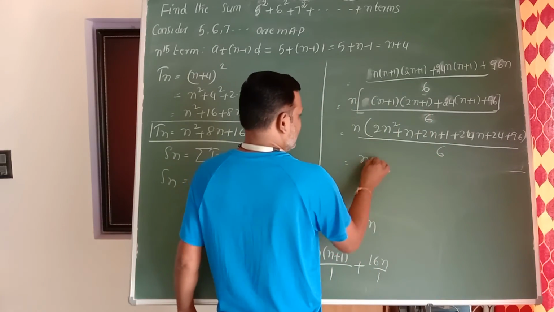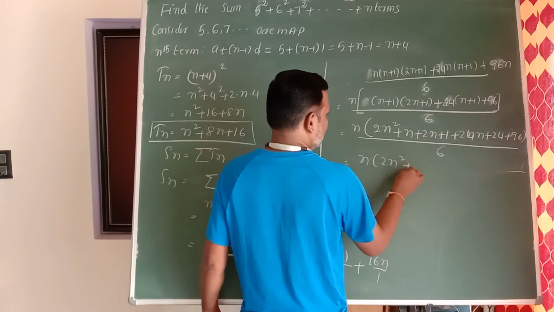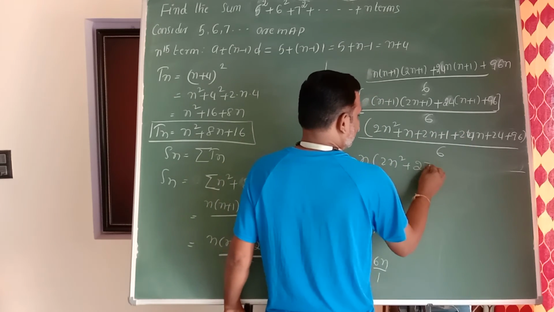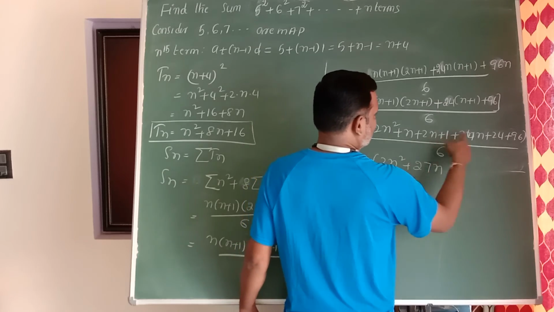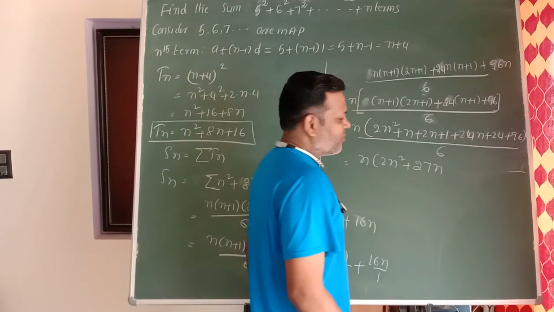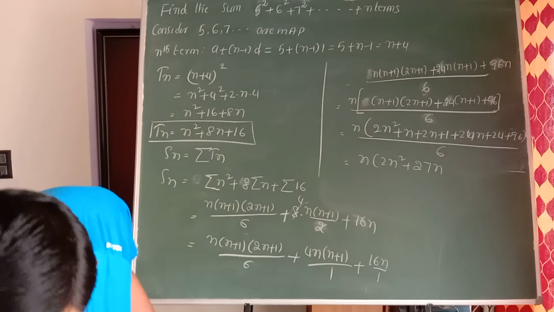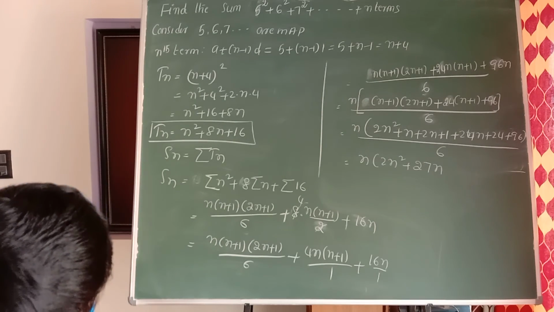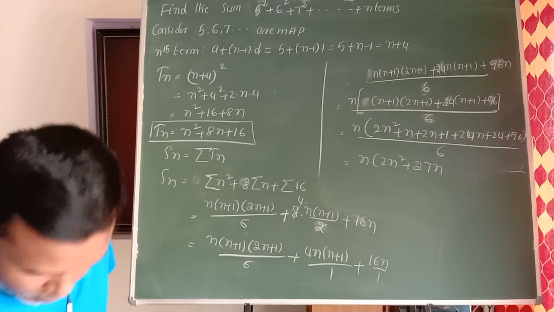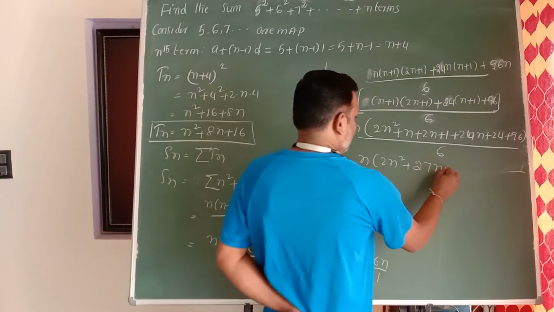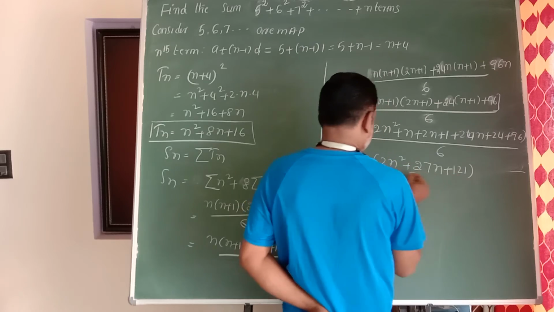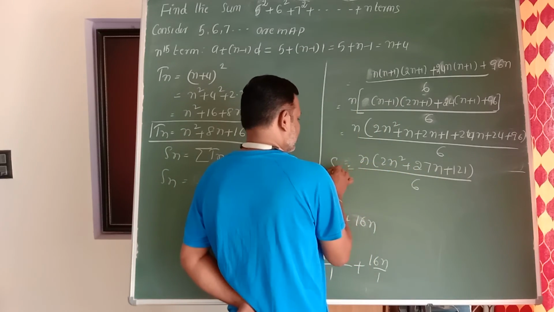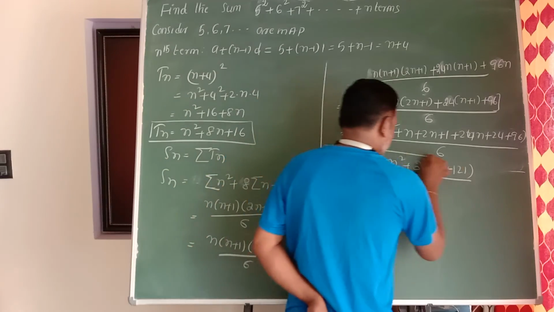Now simplify: n plus 2n is 3n, 3n plus 24n is 27n, 1 plus 24 is 25, and 25 plus 96 is 121. So the whole is divided by 6. This will be the answer.